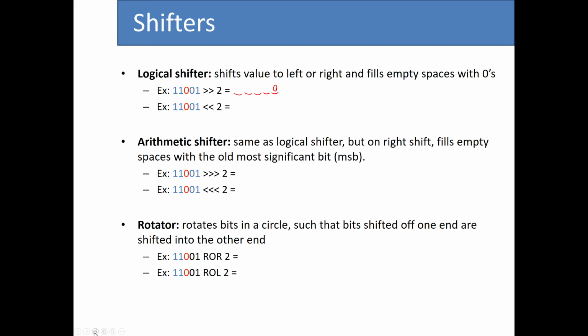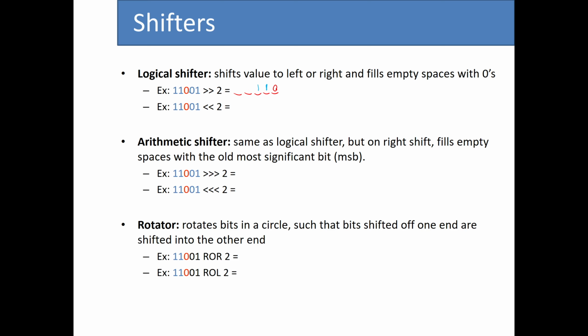Then, in blue, we have this 1 here. You shift it 2 places to the right, now it's going to be the second bit. And then finally this one, if you shift it 2 places, now it's going to be the third bit.